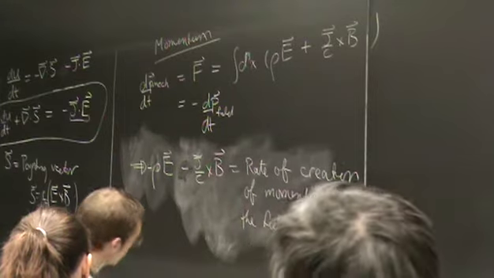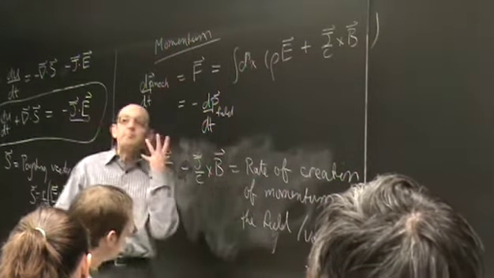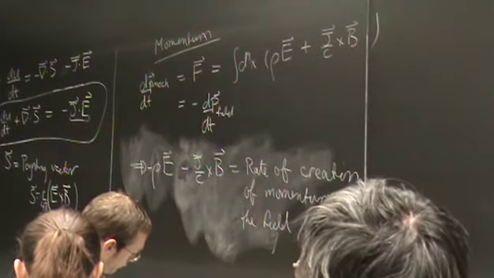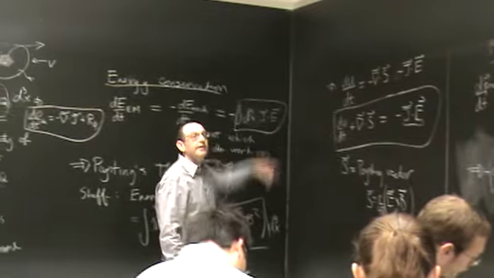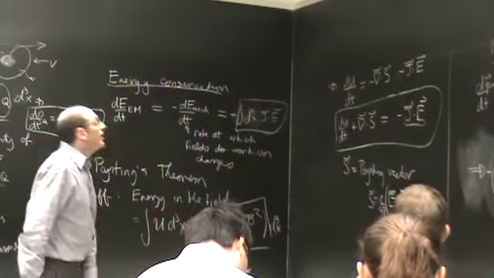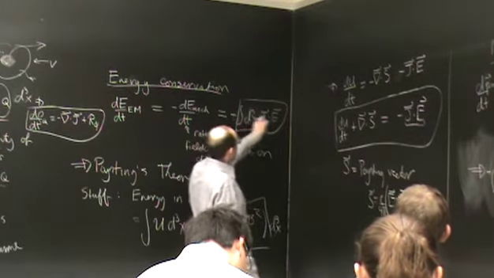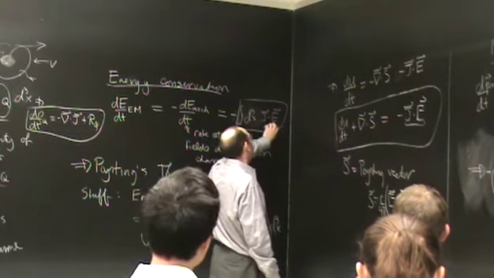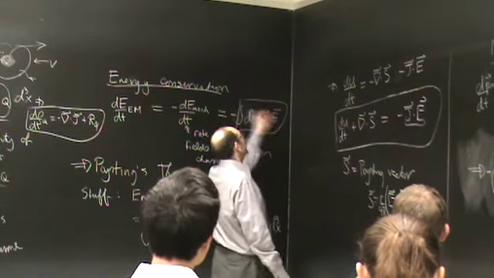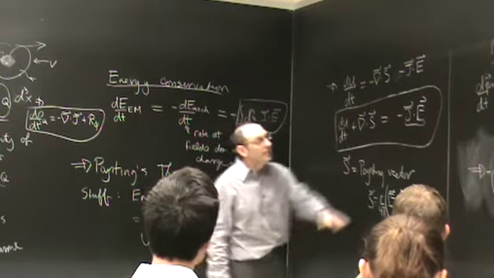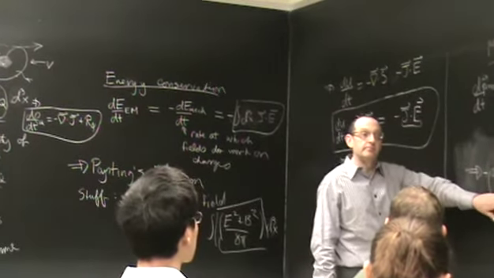Okay, so we can look at this and we could use Maxwell's equations in the same way that we use Maxwell's equations in the context of energy conservation, to think about the rate at which work was done on the field being equal to minus the rate at which energy is created in the field, as a quantity associated with the fields themselves. We can do the same thing here.